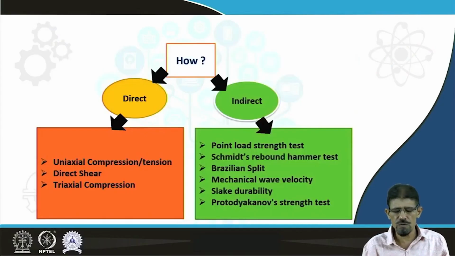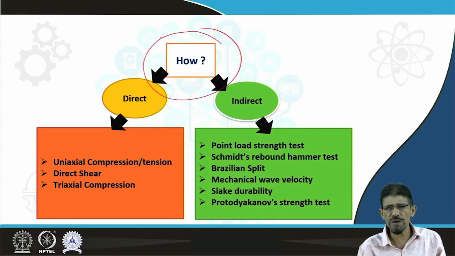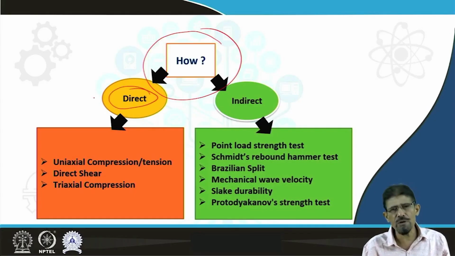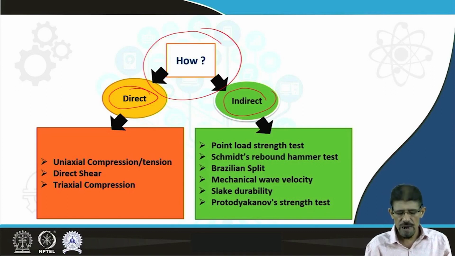Now we are going to see how we are going to determine strength. We have two types of approach. One is a direct approach and another is an indirect approach, which we recognize in terms of indices or index.